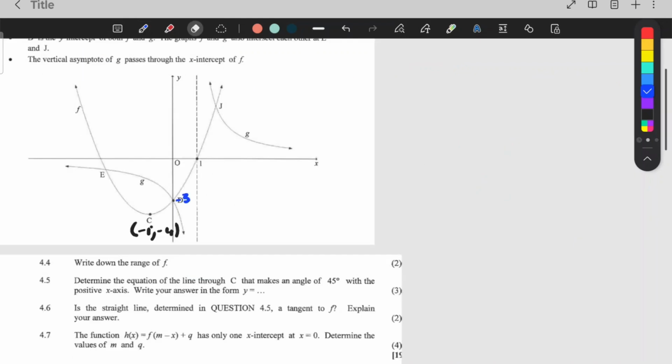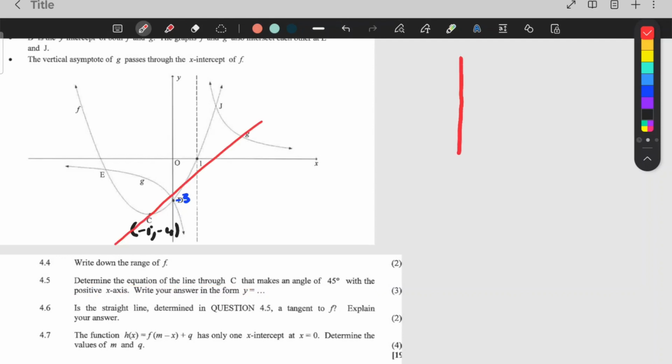The next question says, determine the equation of the line through C. So there's this line that goes through C that makes a 45-degree angle with the positive x-axis. Write your answer in the form y is equal to.